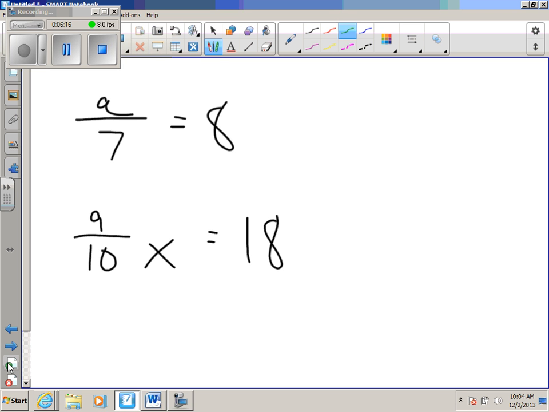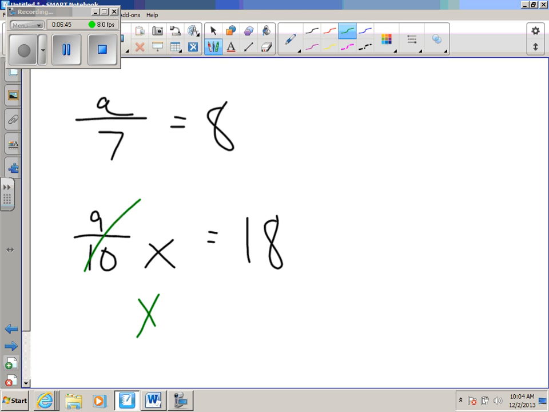Now, when your number, in this case, your number is a fraction, 9/10, when it's jammed right up next to the variable, what operation does that always mean? Multiplication. So if x is now being multiplied by 9/10, the opposite of multiplying by 9/10 is what? We're going to divide by 9/10.